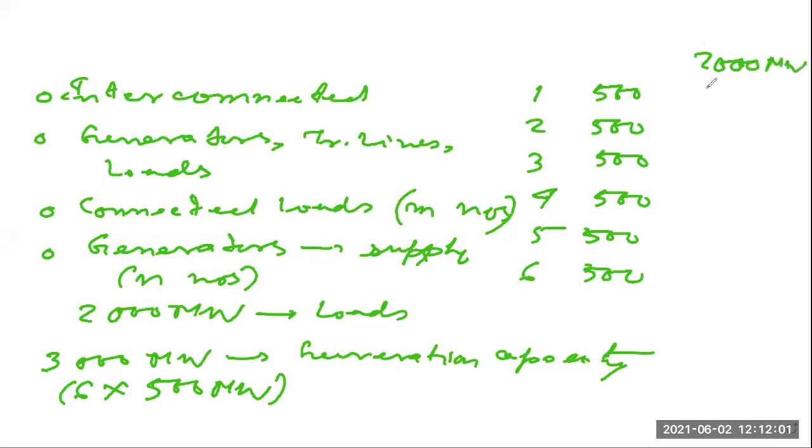Now, should we go for something like this: this is 400, this is 100, this is 500, this is 400, this is 100, this is 500?